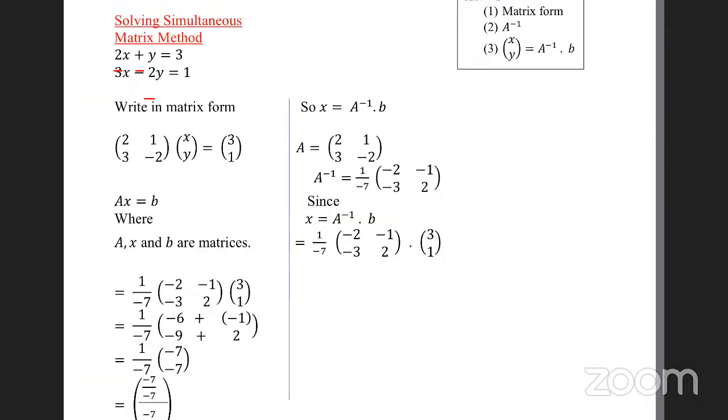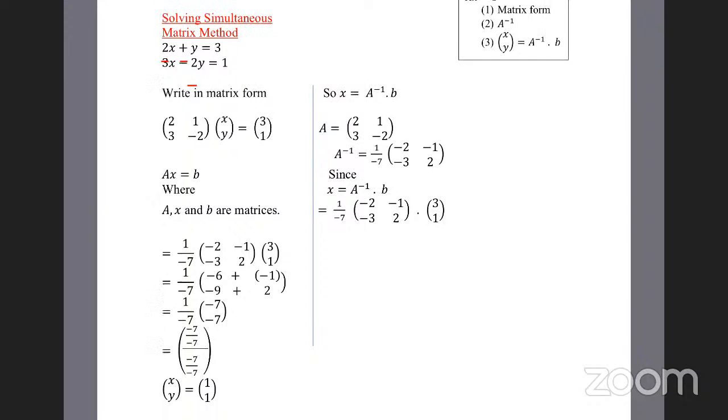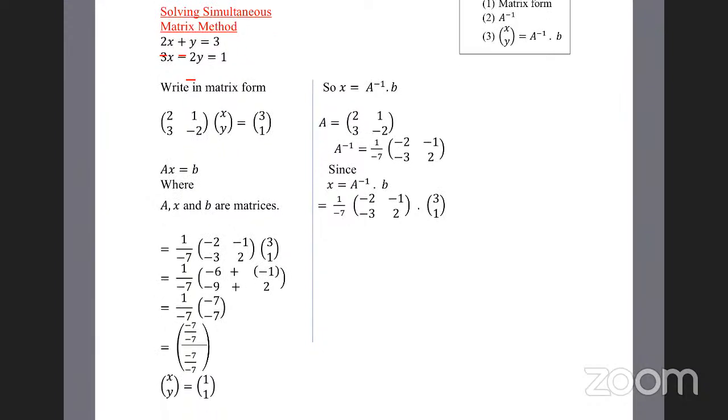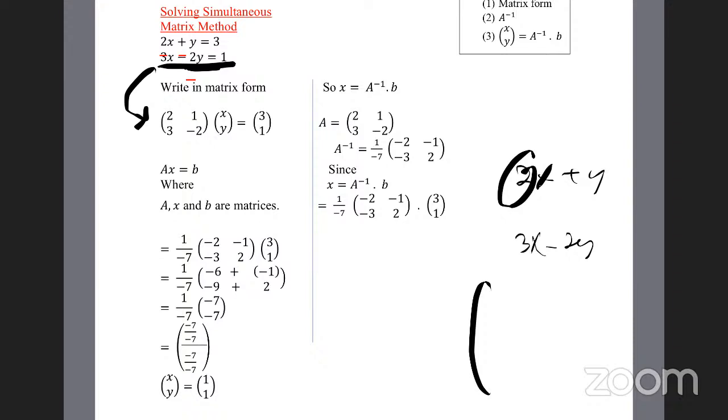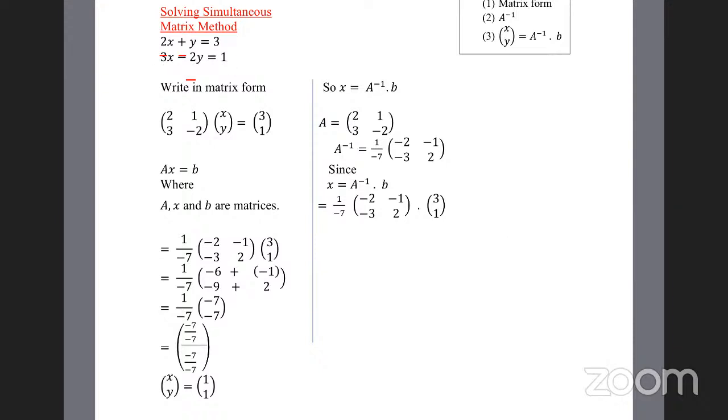All right, what's the example here? First thing I did, I took this and I put it in matrix form. Right? If you have 2x plus y, 3x minus 2y, the matrix form will be positive 2, positive 1, positive 3, minus 2. Okay? Take all the coefficients, right? So I have A, I have x, and I have b. Find the inverse. I found the inverse here, right?